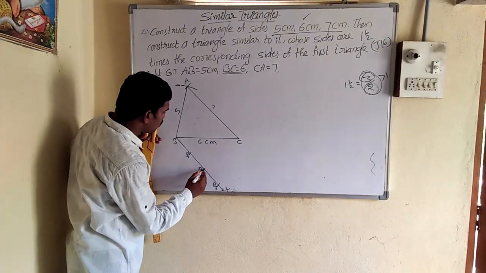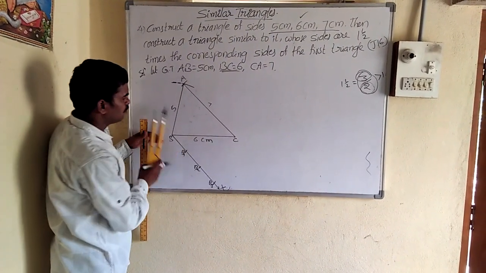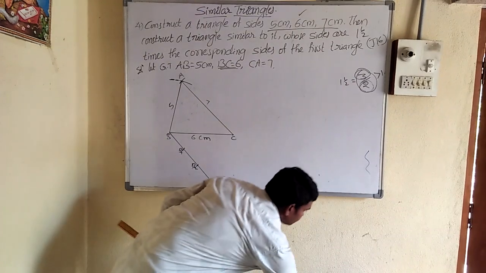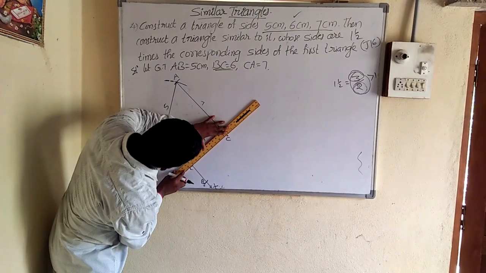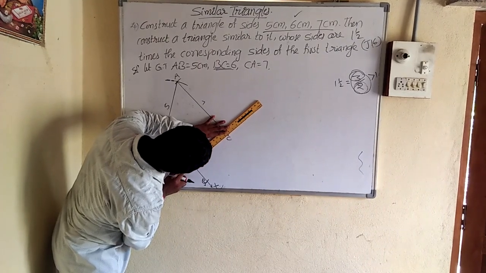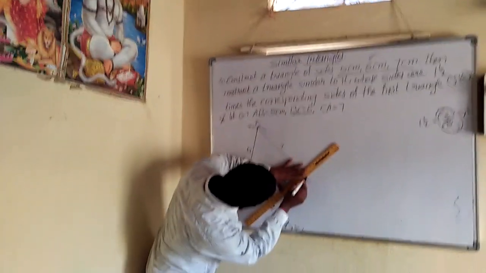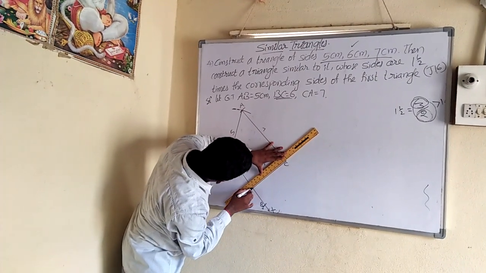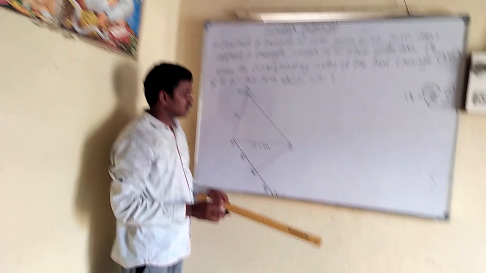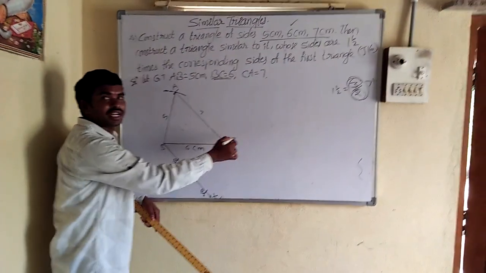So B2C is joined. Next, we have to join from B3.